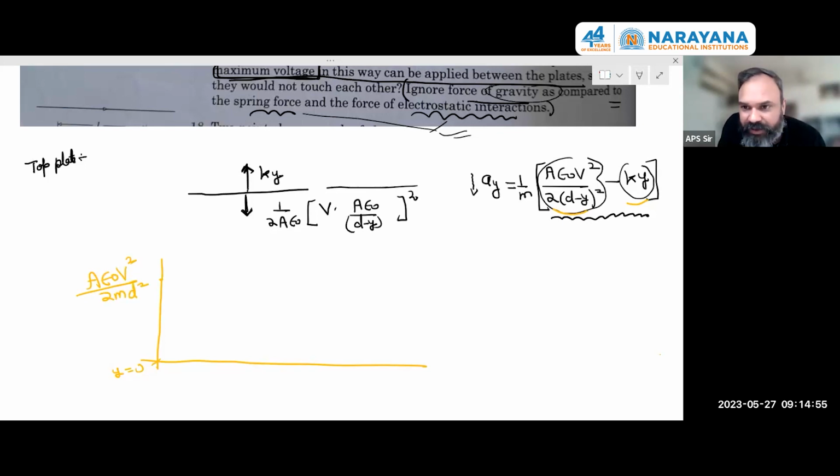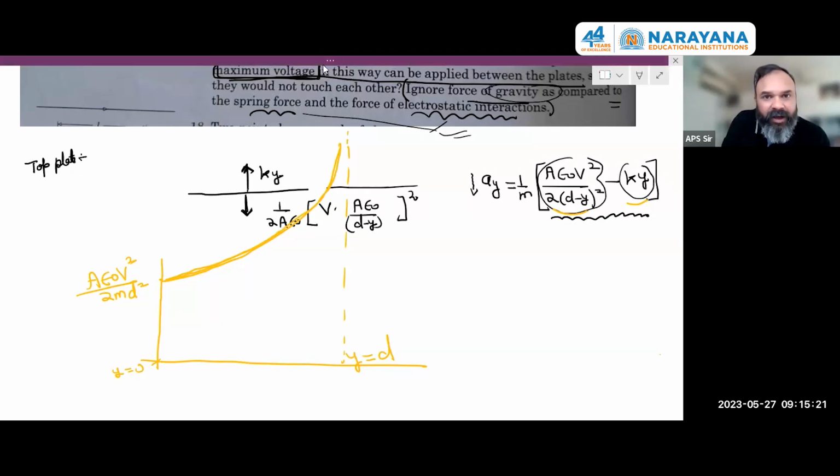As y increases, this value keeps increasing, so my graph is something like a hyperbolic 1 upon (d minus y) square type of graph, and it tends towards infinity as y tends towards d. This is the beautiful nature of my first component of acceleration.